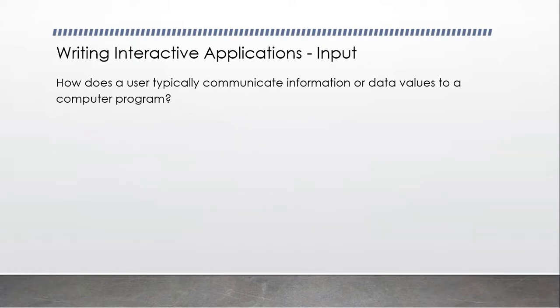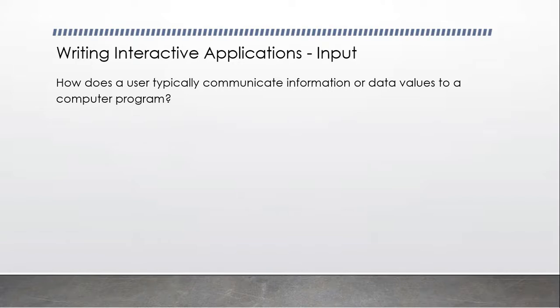Now let's look at the interactive side, getting some input from the user, not just sending something to the user, but having the user provide values which will affect the execution of the program. So how does a user typically communicate such information or data to a computer program?